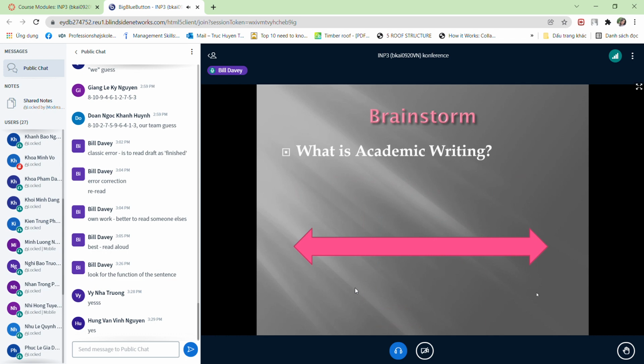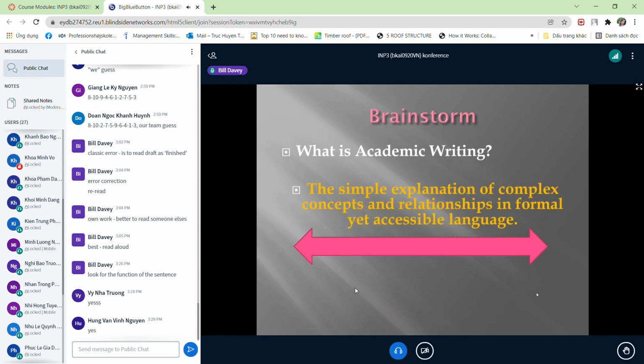So what is academic writing? Well, I'm going to brainstorm it a little bit for you. And basically, it goes both ways. It's the simple explanation of complex concepts and relationships in formal yet accessible language.